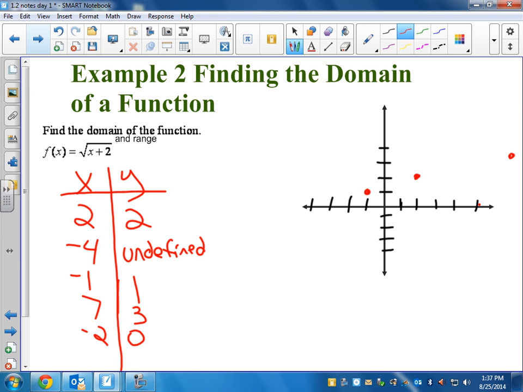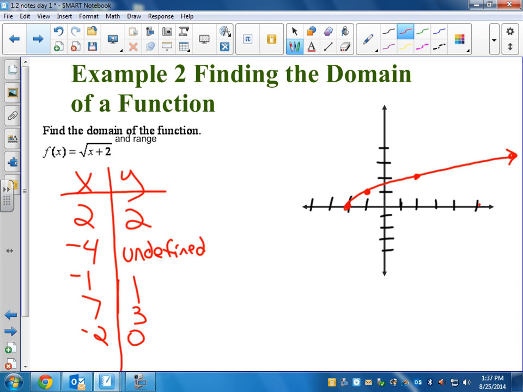Oh, that's a terrible graph I've made. And negative 2, 0. When we do section 3, I'm going to remind you of all the shapes of the graphs that you're supposed to know from Algebra 2. If we connect this, it should be a smooth curve. Kind of goes like this.